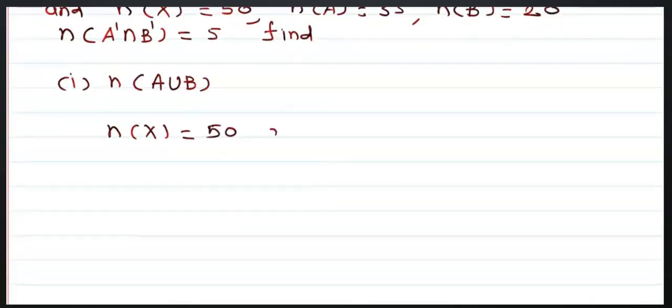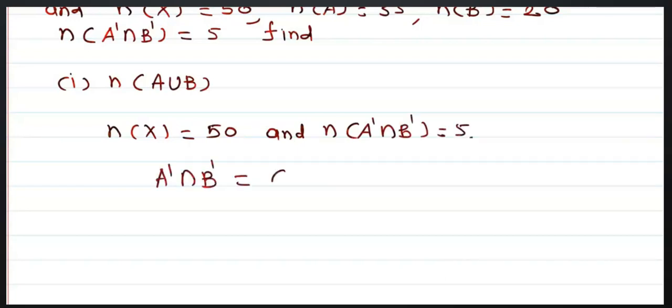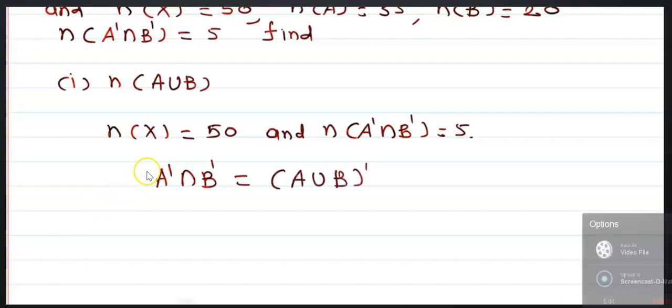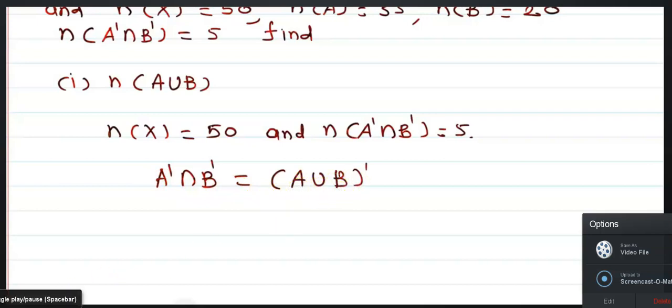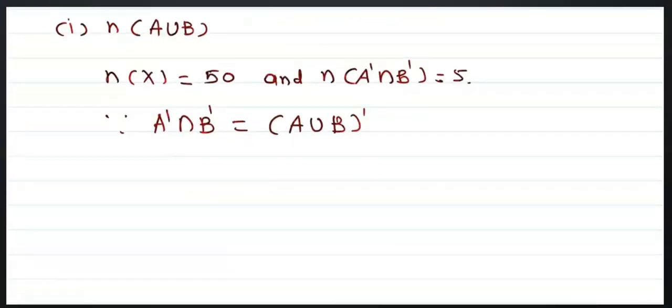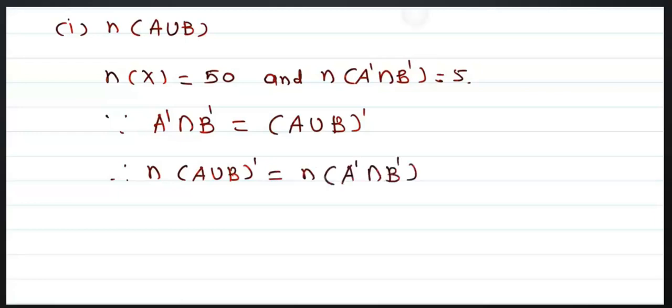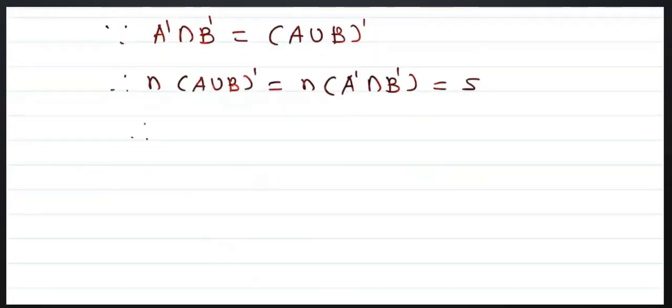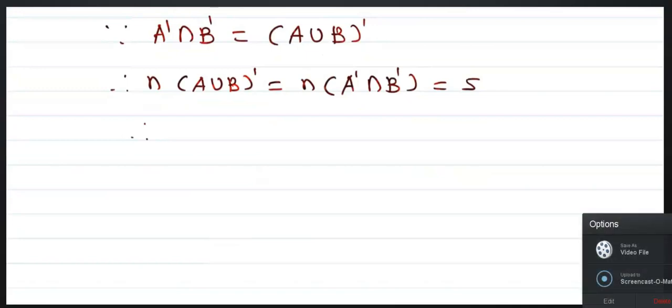N of X is 50 and N of A complement intersection B complement is equal to 5. Now see this here, A complement intersection B complement is nothing but the complement of A union B. Therefore, N of the complement of A union B is equal to 5.